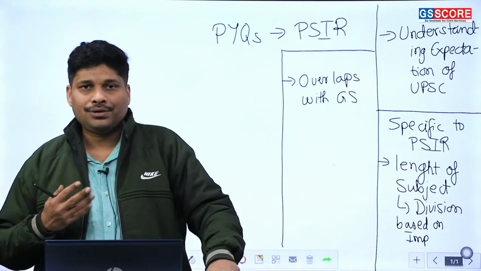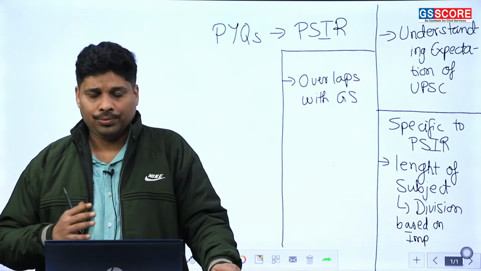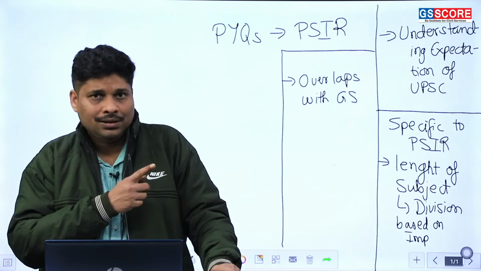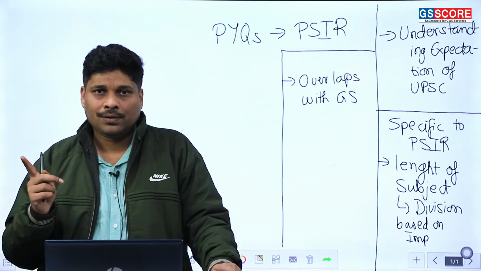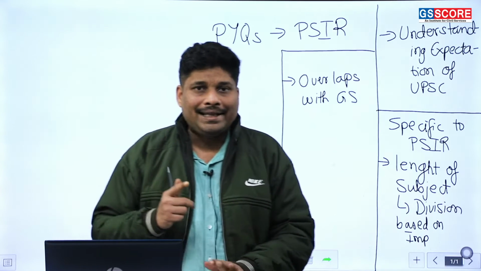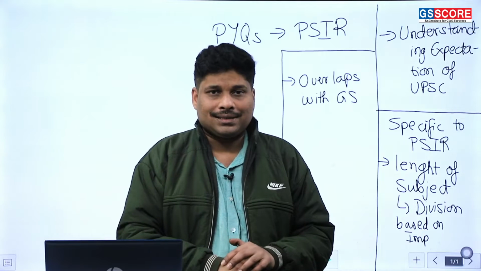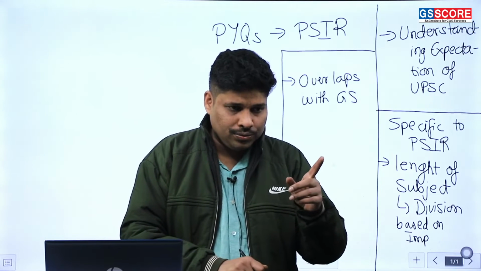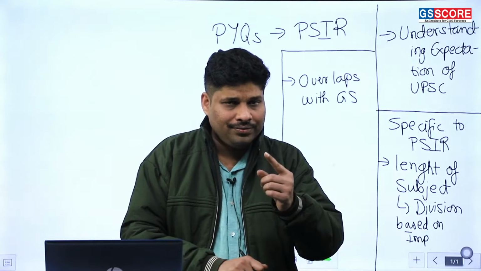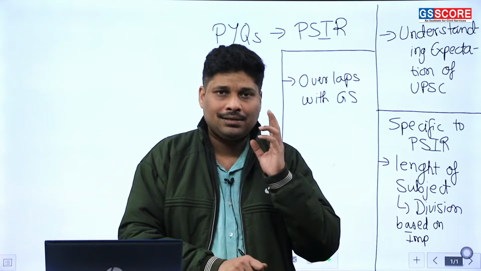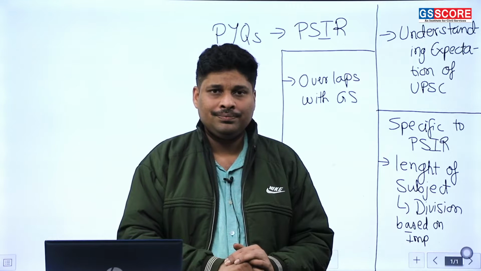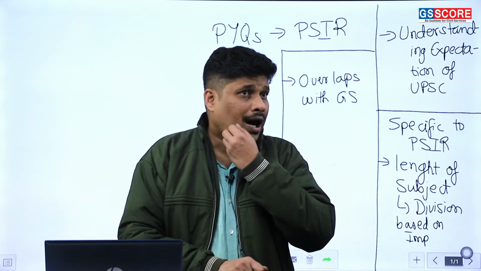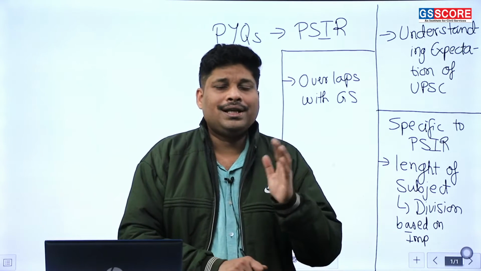You have to study the Election Commission for the purpose of GS, and you also have to study it for the purpose of PSIR. But the attitude with which the Election Commission is asked in GS is different from the way it is asked in PSIR. In GS, they will ask you problems with respect to the Election Commission, and how to reform its workings.